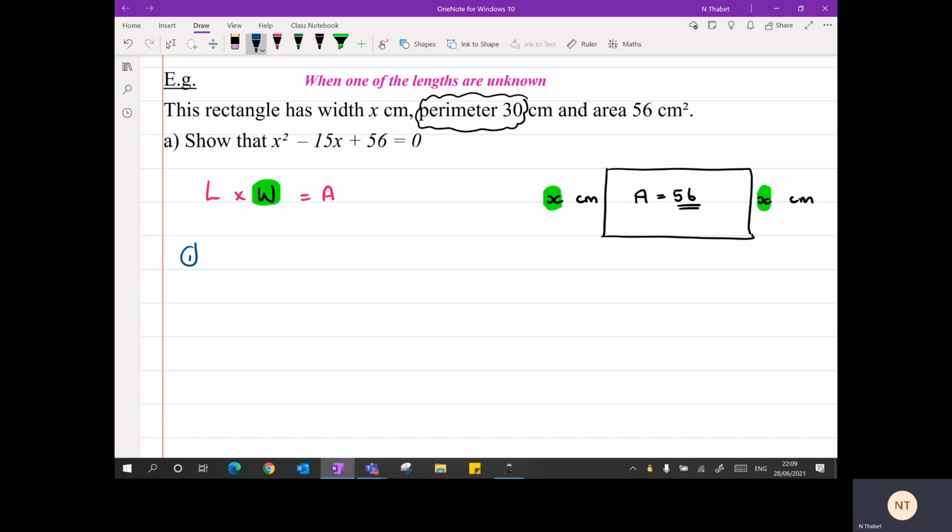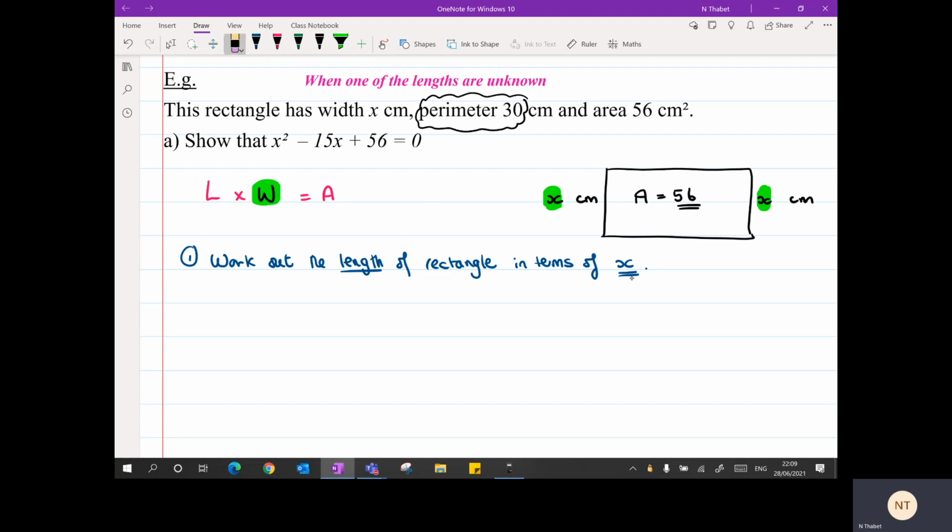Your step 1 is work out the length of the rectangle in terms of x. It has to have an x, no other letter, because that's the only letter in the quadratic equation you've got. So work out the length of the rectangle in terms of x. Well, how do I do that?